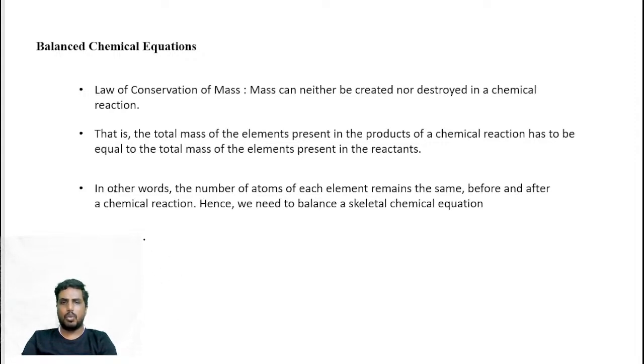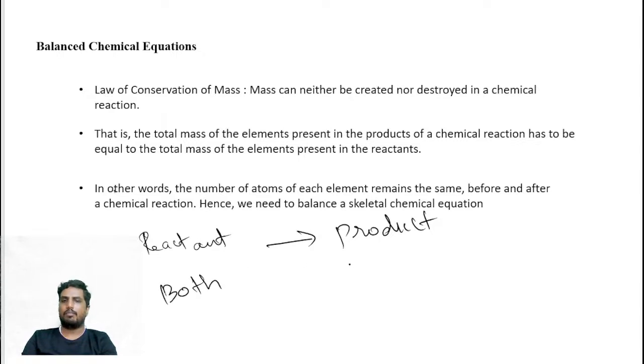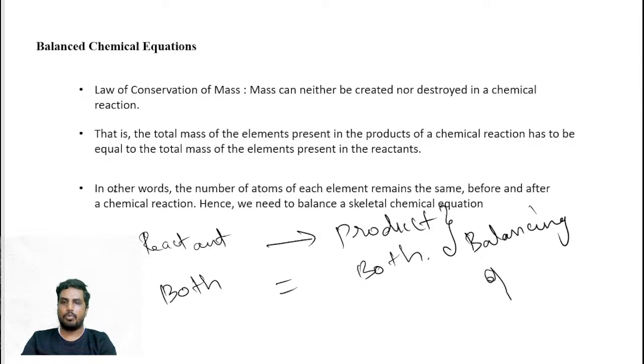We have seen that two things are there: one is the reactant, and another one is the product. Both sides should be equal. If it is unequal, we need to do the balancing of the equation.